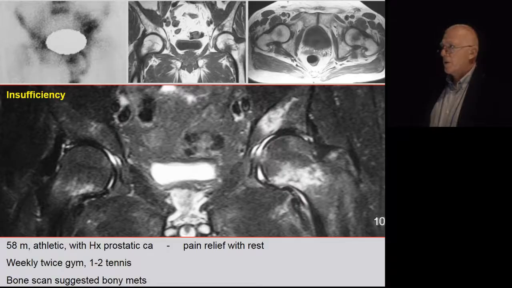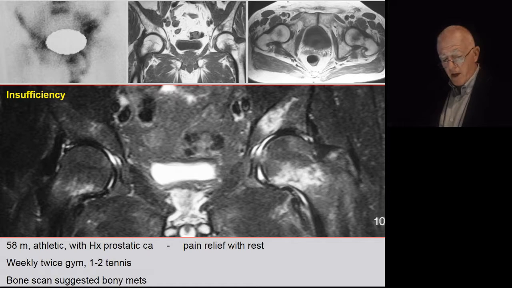Sometimes these injuries are quite challenging in the clinical everyday and routine praxis. As we see here, this 58-year-old male, an athletic one who is playing tennis, who goes to the gym, has a history of prostatic carcinoma, presents with pain in the pelvis, but this is an important information from the history.